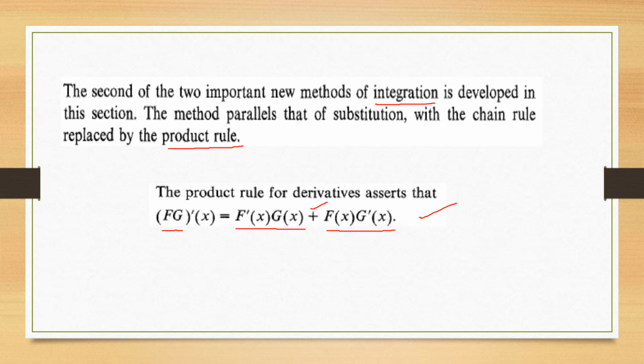This is the derivative of the first term with the second term as it is, and here the first term as it is with the derivative of the second term. This is the product rule for differentiation.